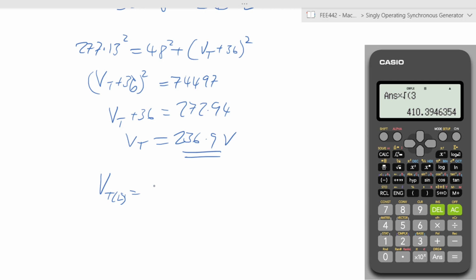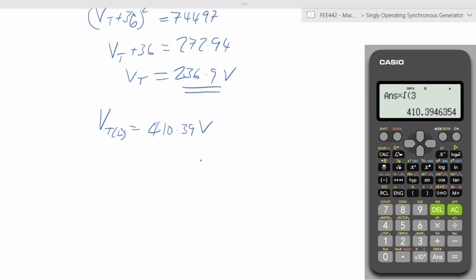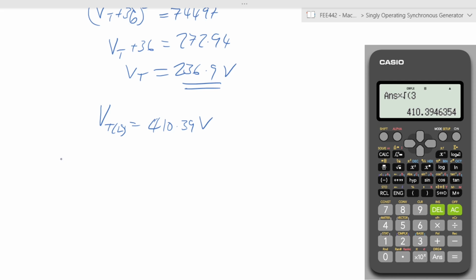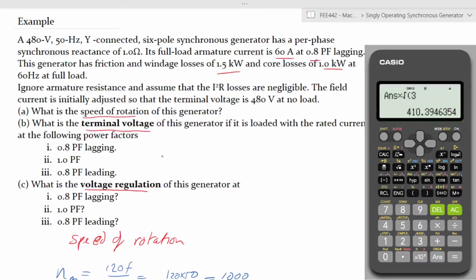So that gives us 410.39 volts. That's the line voltage for this terminal voltage. Now, if we want the voltage regulation for this particular case, it will be no load voltage, which was given by 480 here. That's the rated.